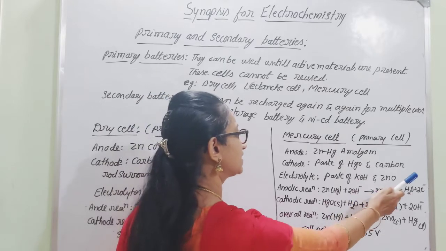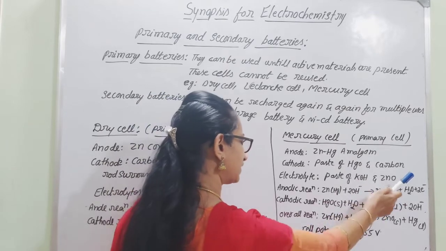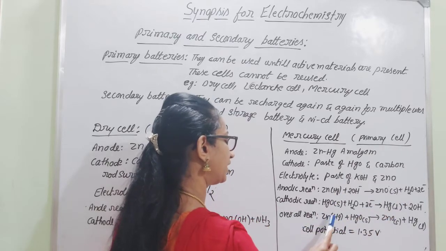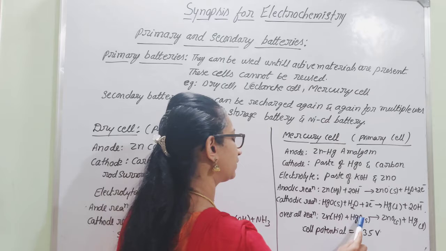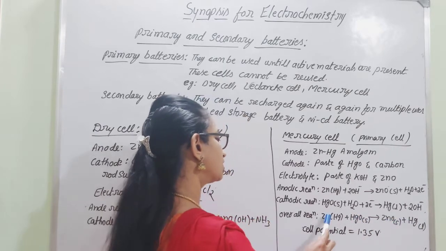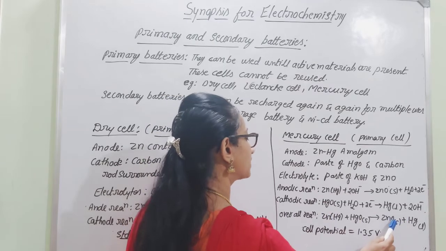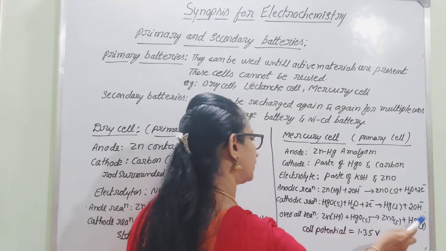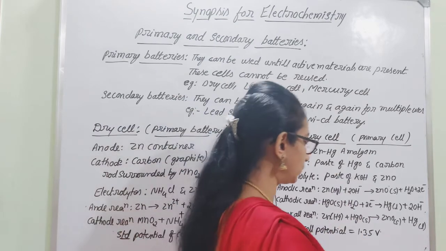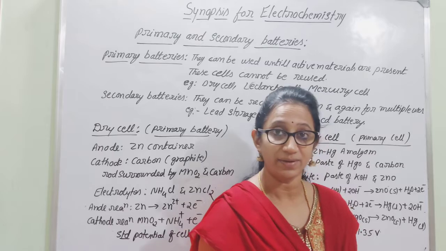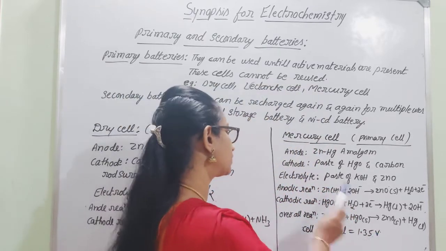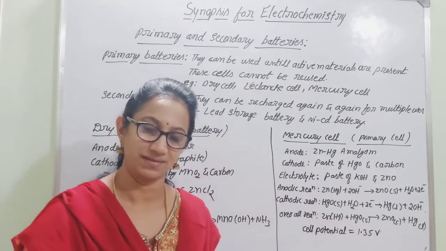If you cancel the common things on the left and right hand sides by adding these two equations, the overall cell reaction is zinc amalgam combining with mercury oxide, HgO, converting into zinc oxide and Hg. So zinc is undergoing oxidation and mercury oxide is undergoing reduction. Hence the cell potential generated is equal to 1.35 volts, and there will be constancy in the voltage of 1.35 volts in the mercury cell.